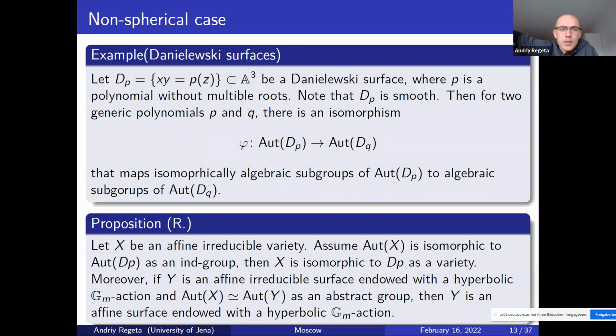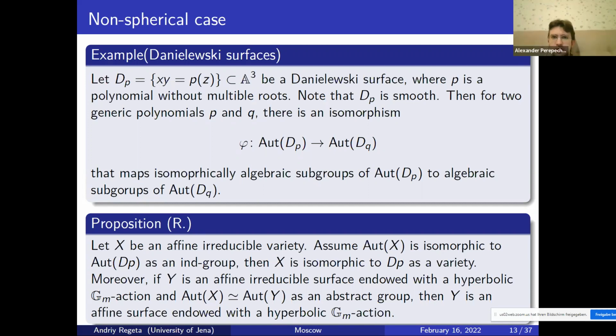So for example, if p and q have different degrees, then dP is never isomorphic to dq. So if and only if p is a linear transformation of q, that is, by changing the coordinate z, you can send p to q. I get it, thank you.